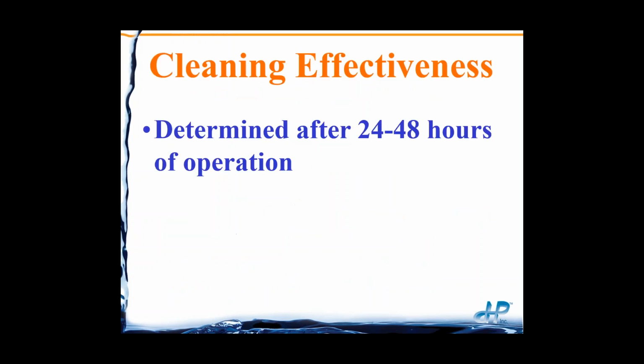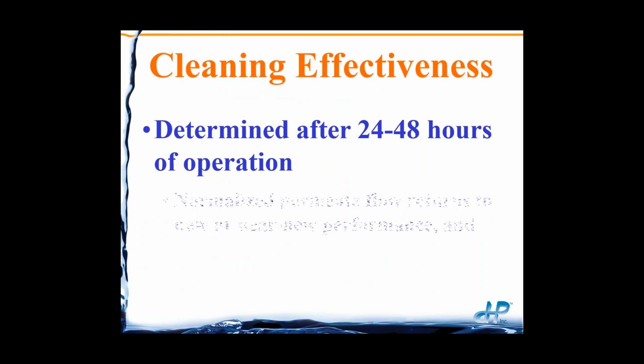In measuring the cleaning effectiveness, you're not going to really know how effective you've been for at least 24 to 48 hours. So even though you look at your cleaning tank and it's nasty, it's got all this material, and say, whoa, we really cleaned the heck out of this RO membrane.